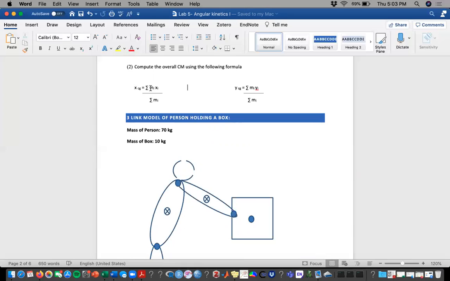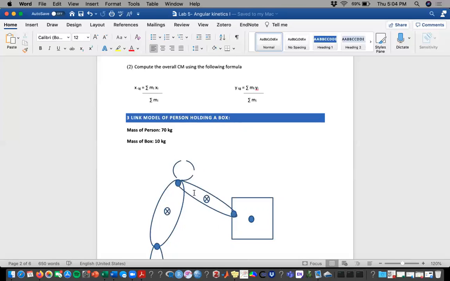So this would be, for example, the leg and foot segment mass times the leg and foot segment center of mass x coordinate plus the head and trunk mass and the head and trunk x coordinate product, plus, again, the mass of the arm and hand times the arm and hand x coordinate. Summing those divided by the sum of all of the masses.